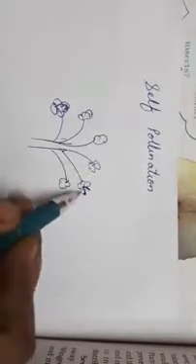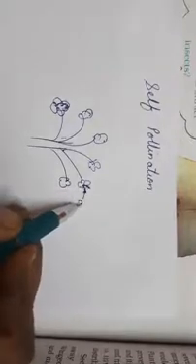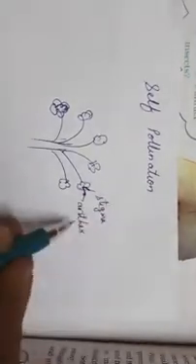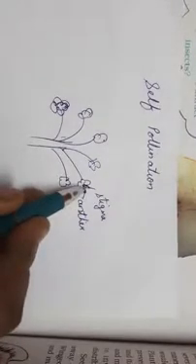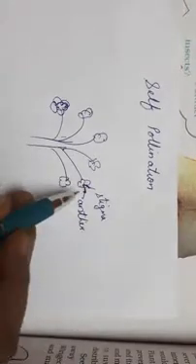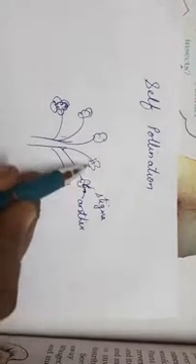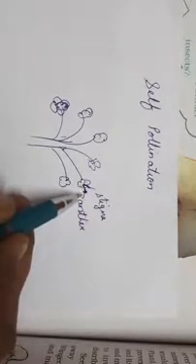For example, if this is the anther and this is the stigma, the pollen grains from the anther will go into this stigma, so it is going into the same flower, or the flower of the same plant. You all know the pollen grains are found in the anther.